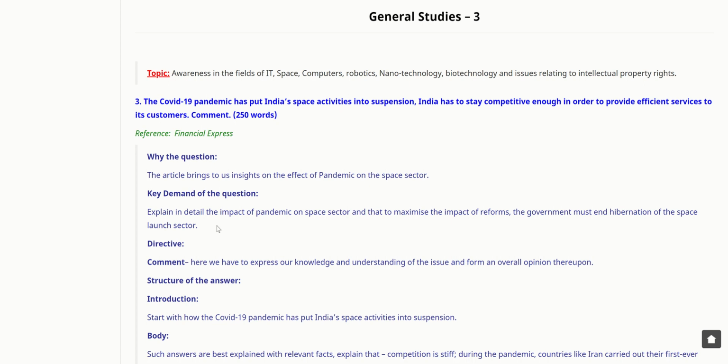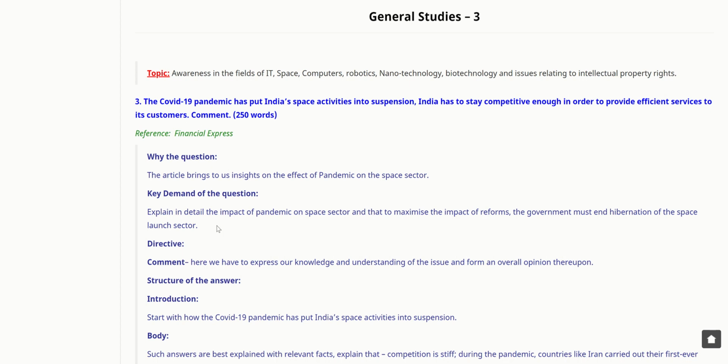Then the government will think twice before putting somebody in jail or putting someone under this law, because the government has to pay taxpayers' money of 20 crore if it fails. If the court decides that the government was wrong, then the government has to pay 20 crore. This kind of penalizing of the government might help. The general studies 3, monetary penalization, right? Let's move on to the next topic.